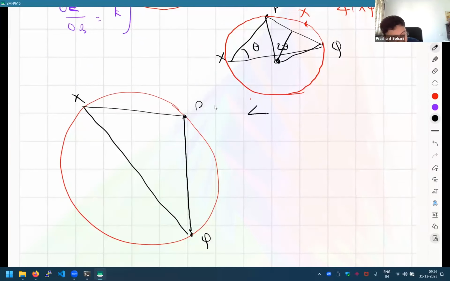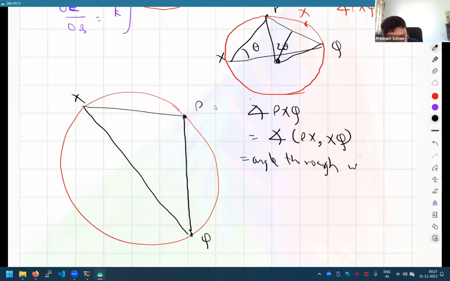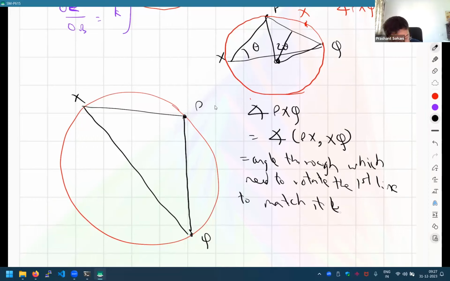When I write directed angle PXQ, which is also the same as writing the directed angle between two lines PX and XQ, how we define it: it is the angle through which we need to rotate the first line to match it to the second. So by how much we need to rotate this line PX in order to match it with XQ. That is what we call the directed angle. And we always do the rotation around the point x.